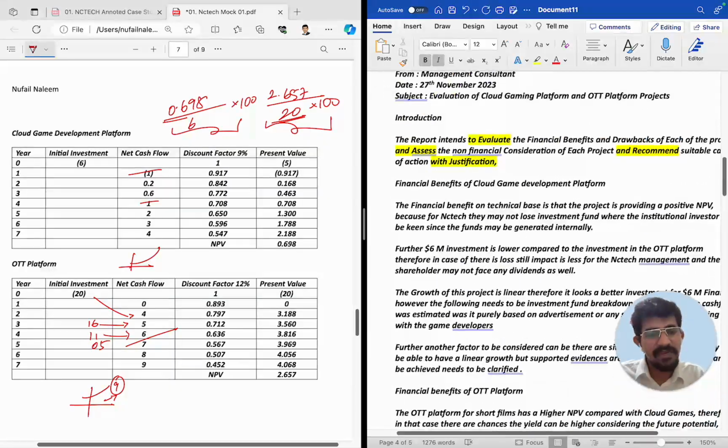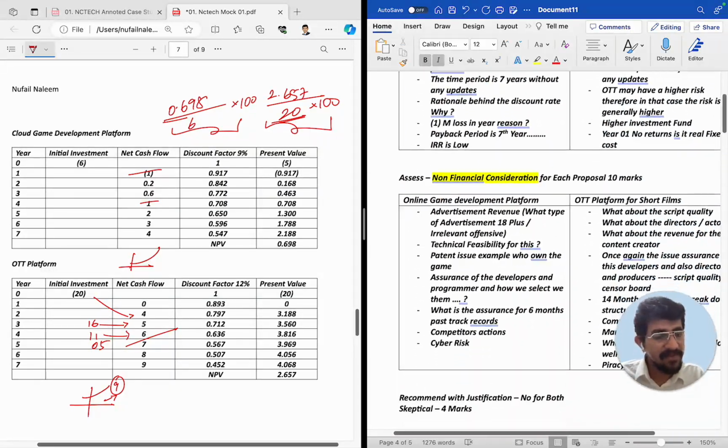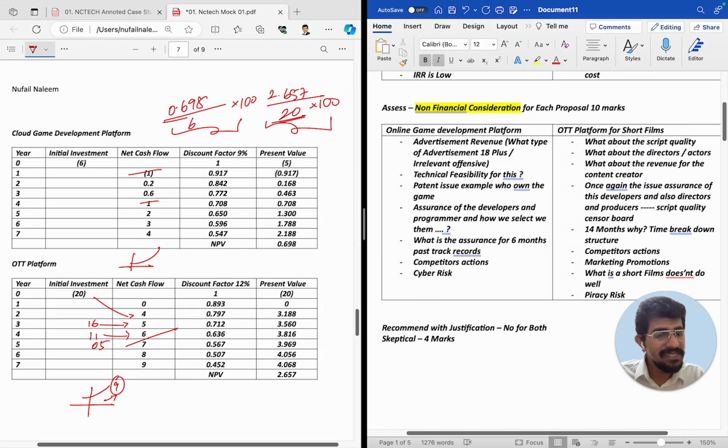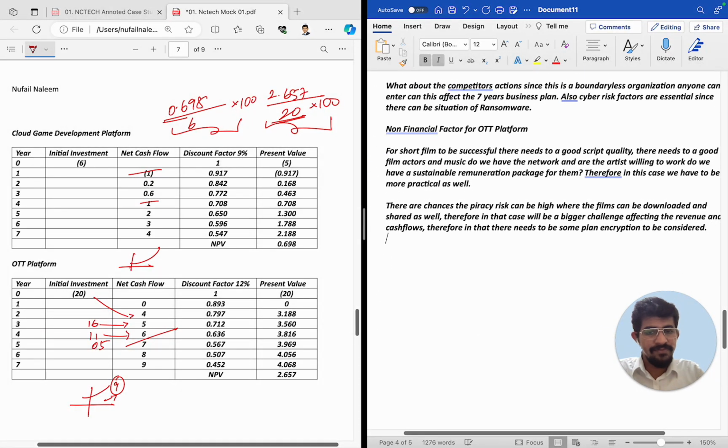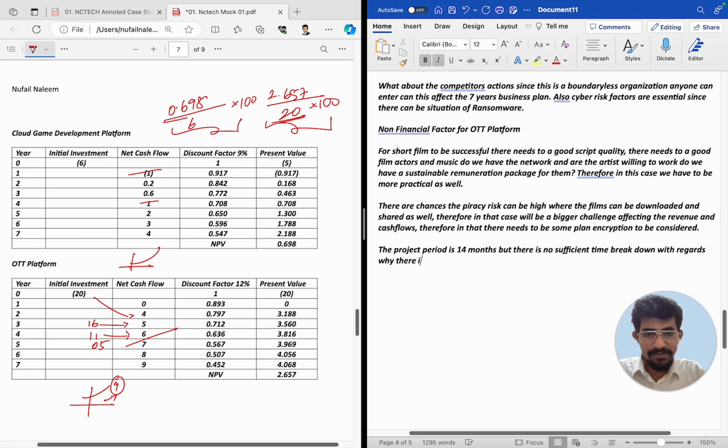And then students, quickly moving upwards for your understanding. If I'm not mistaken, the assurance factor is one thing you have to understand. The next thing, I just want to update, is that the project period is 14 months, but there is no sufficient time breakdown structure with regards to why there is so much time delay.